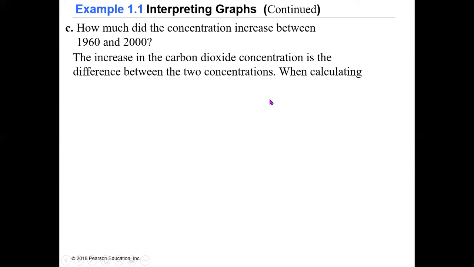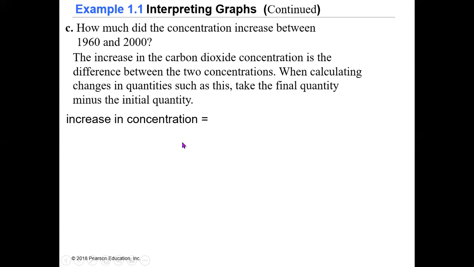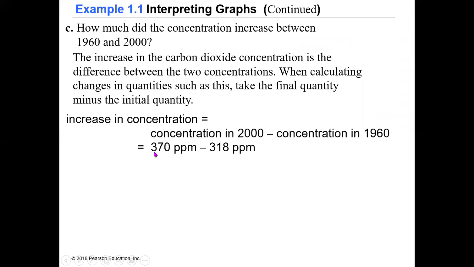So you subtract the carbon dioxide concentration in 1960 from that in 2000. So here is our formula. We plug in 370 for the concentration of 2000 and 318 for the concentration of 1960, and we subtract, we have 52 ppm.